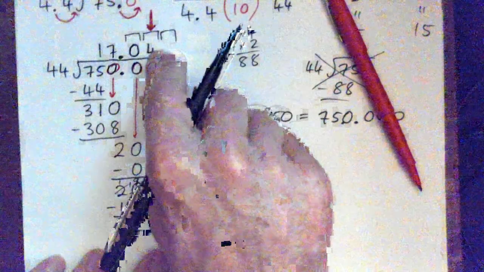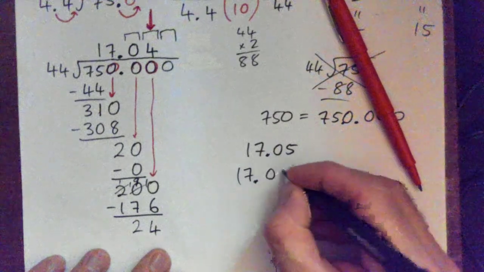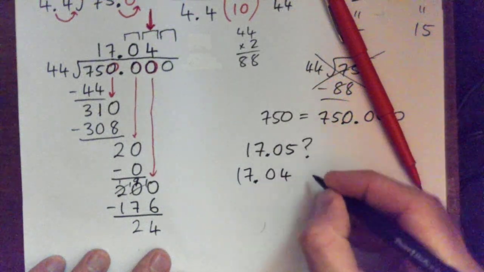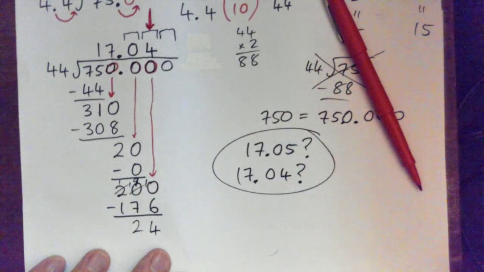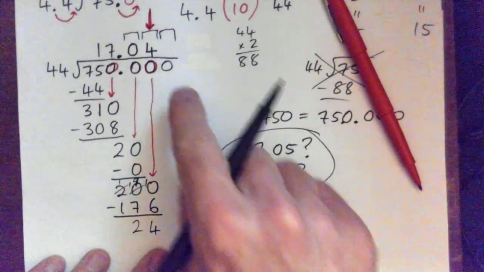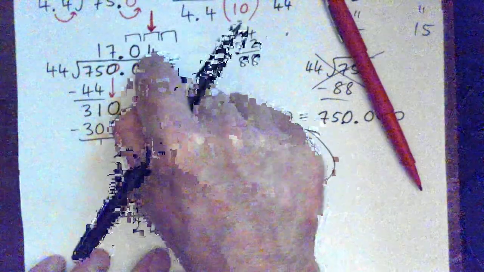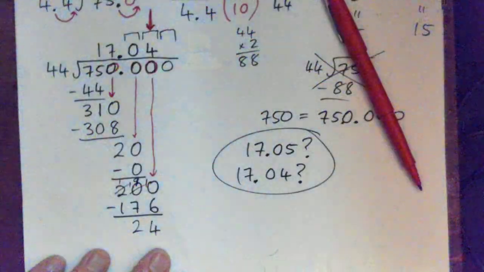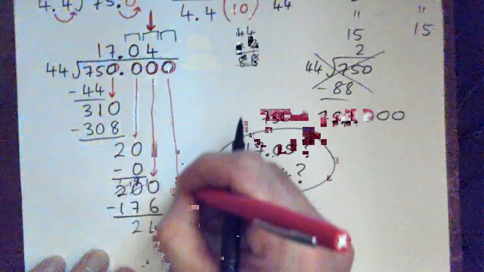If the thousandth is 4 or less, we're going to round down to 17.04. So we don't know actually, is the answer this or this? We're not sure, right? See what I mean? So that's why we have to keep going to the nearest thousandth so that we know which way to round it. Does that make sense? Yeah. Right. So that's why I got to bring this 0 down and keep going.